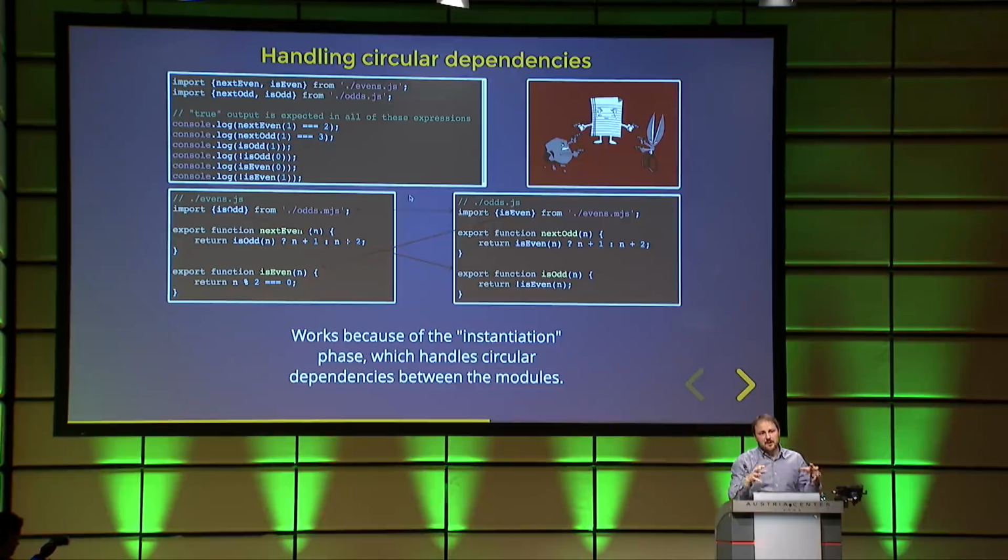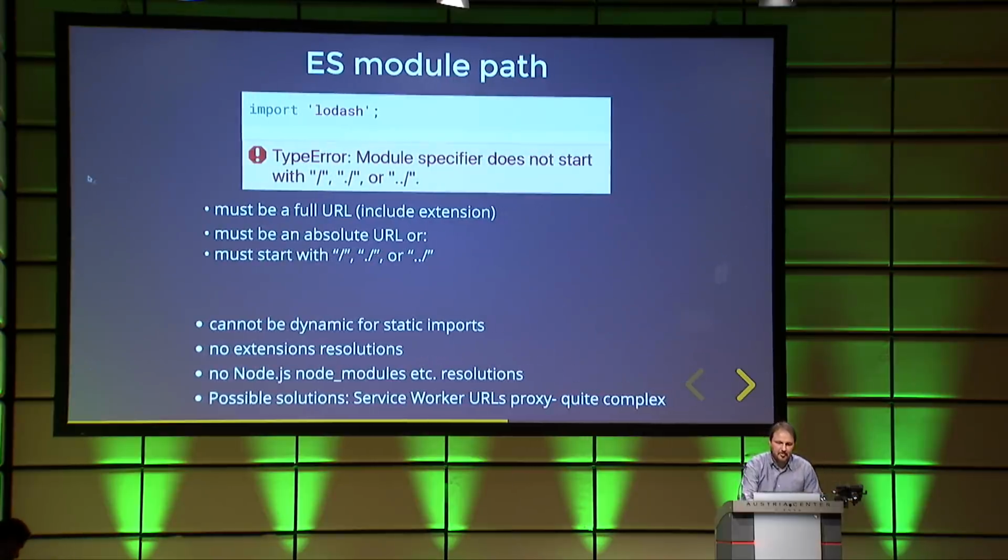In even.js I'm importing odd.js, in odd.js I'm importing even.js. Looks like it shouldn't work, but it will, because of this trick with instantiation: when your browser or Node.js instantiates this, it will put the dependency between modules up before executing the code. That's why it will still work. So now circular dependencies are handled for you for free.